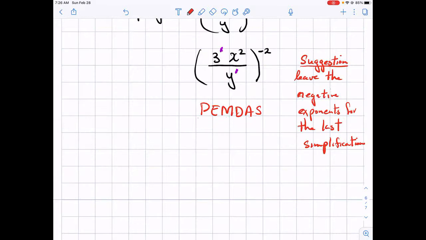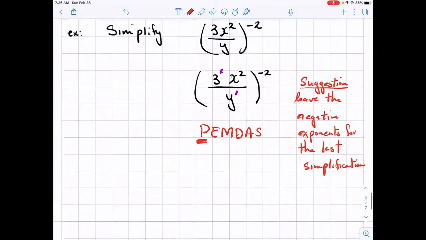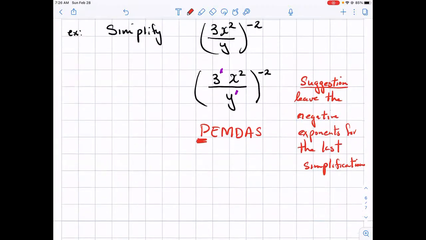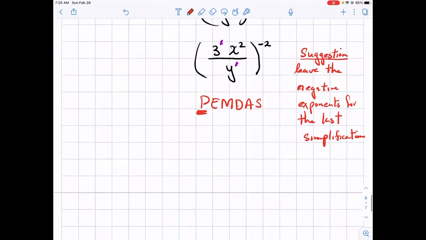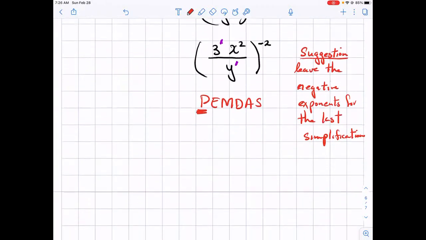Now P means inside of the parentheses. So is there anything to simplify inside? Okay? There is no like bases. So I don't have to worry about any like bases on the inside. Now I can distribute.